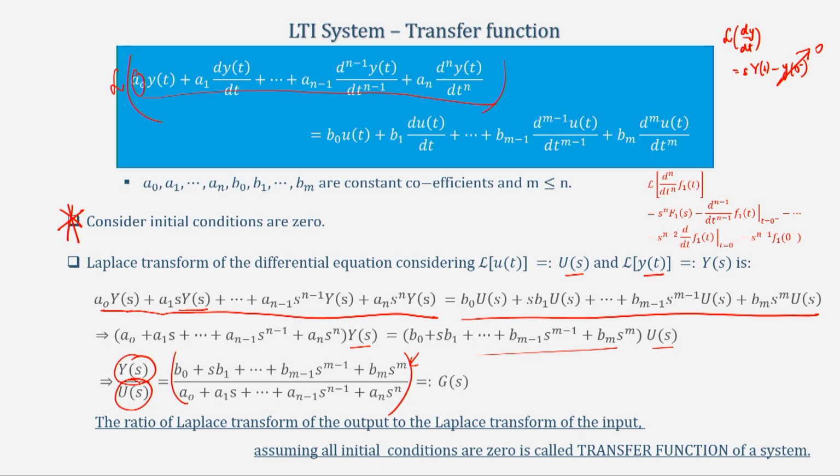And why is this important? If Y(s) by U(s) equals G(s), then the output is nothing but G(s) multiplied by U(s). Remember, we were trying to find the operator that links the input and the output.